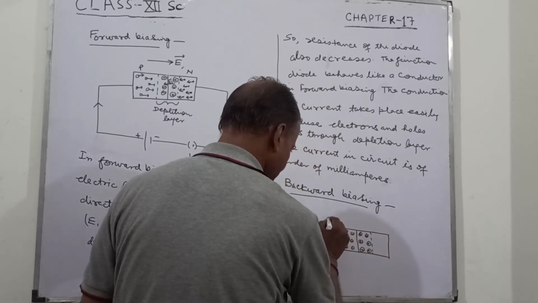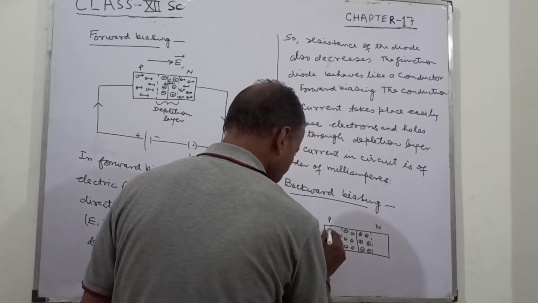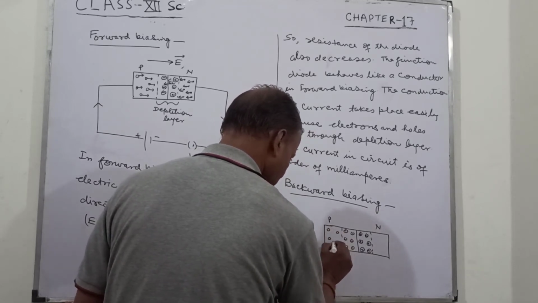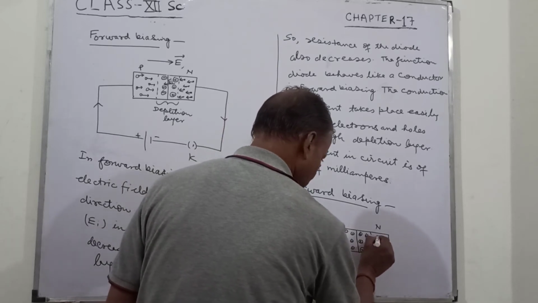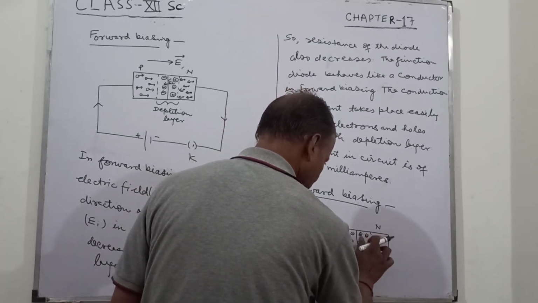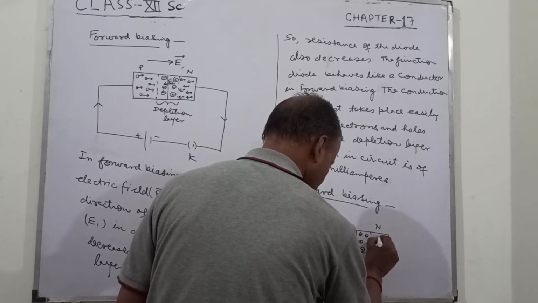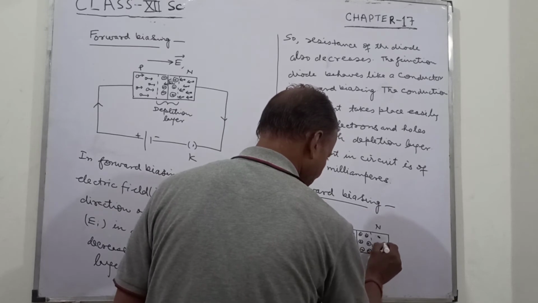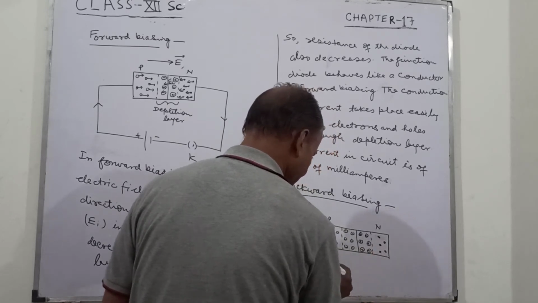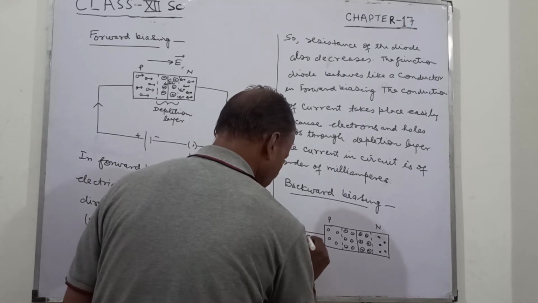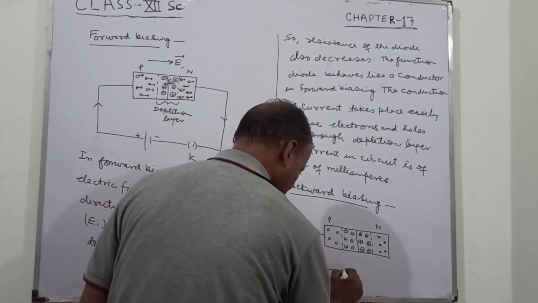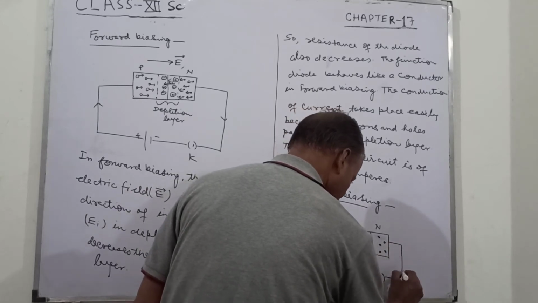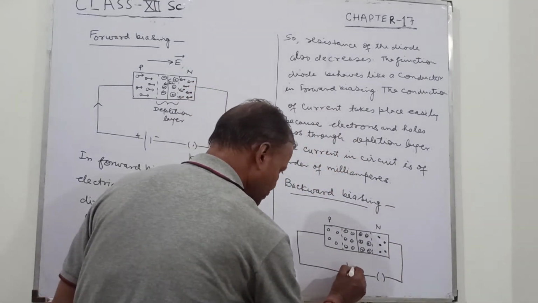Here we have this P and this is now N. So we have the holes here and the electrons here. This N is now positive and this is negative.